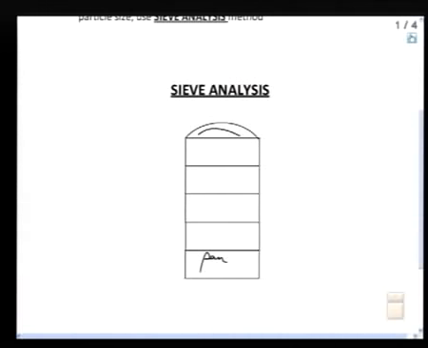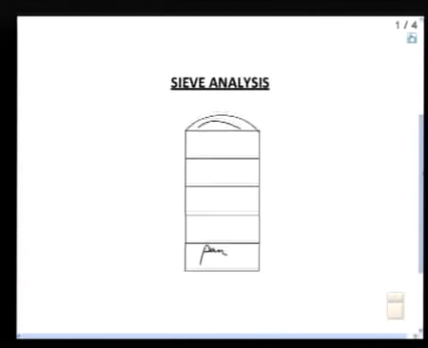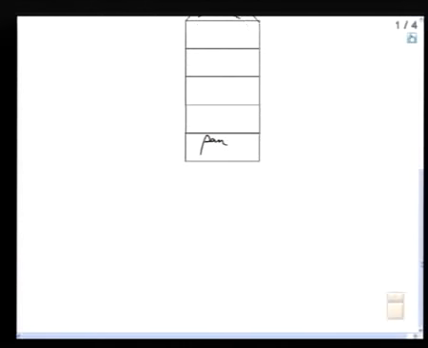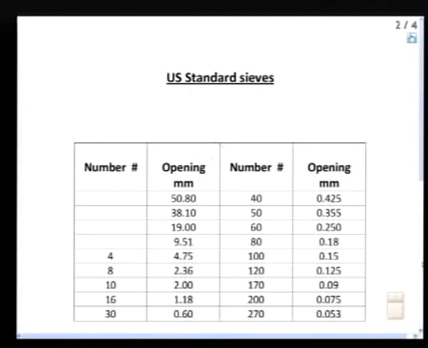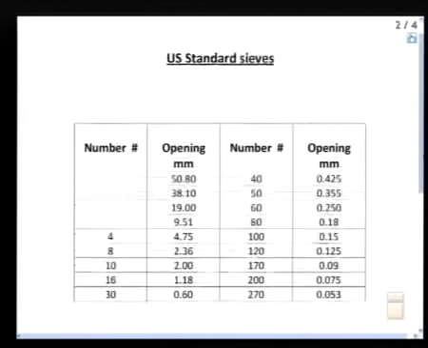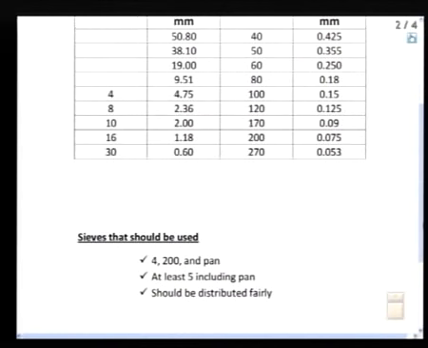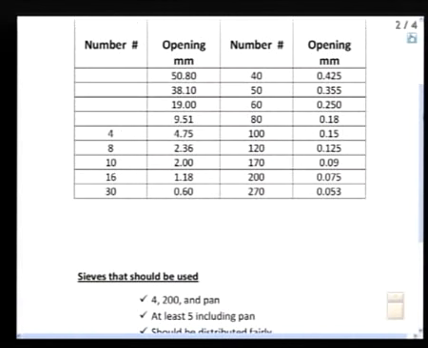Sieves may be 100, maybe more, maybe less. We have different ways to consider sieves, but let us study the US standard sieves.